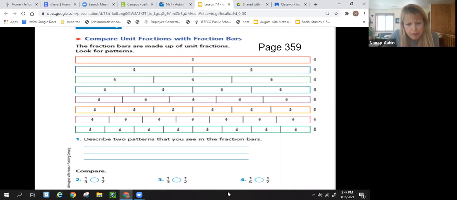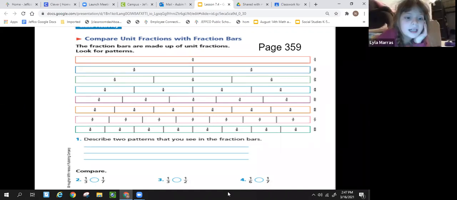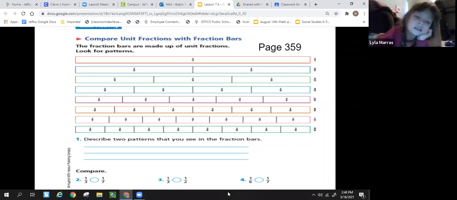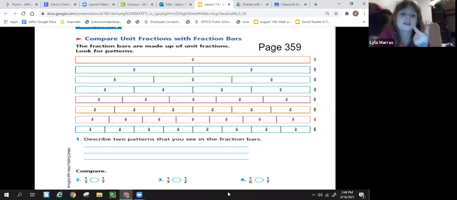Lila Maris? My observation and pattern is that one whole and 1/2 are the biggest unit fractions, and my pattern is that they get smaller as the denominator gets bigger and the numerator stays the same.